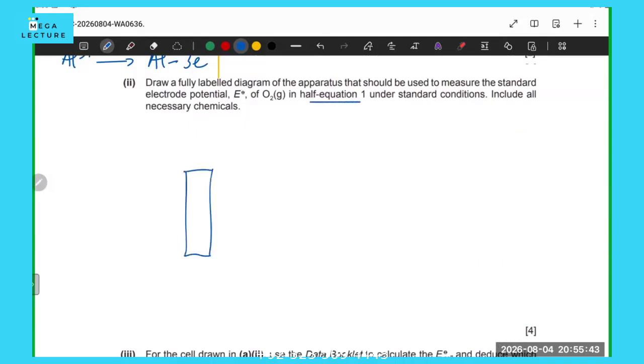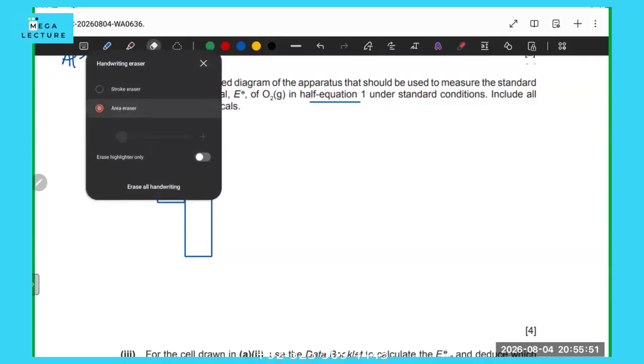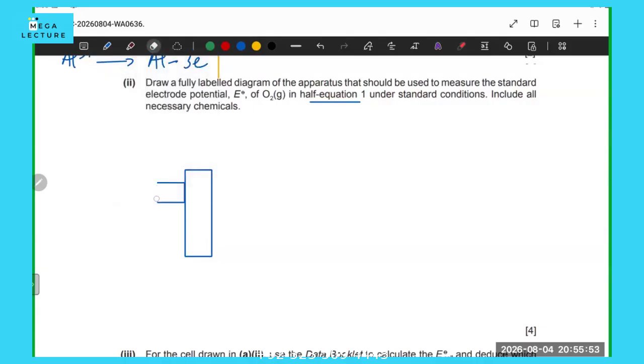So obviously there's going to be a gas electrode, right? अच्छा, और उसके बीच में there's going to be a platinum electrode, right? So label this that this is platinum. This is where the oxygen gas is coming in, and the oxygen gas is going to be at 1 atmosphere pressure.